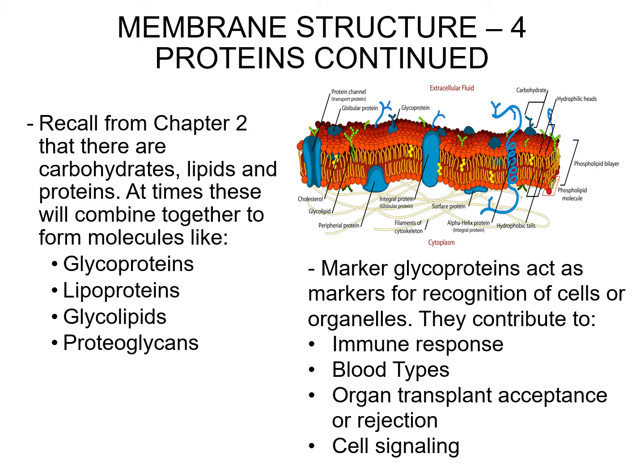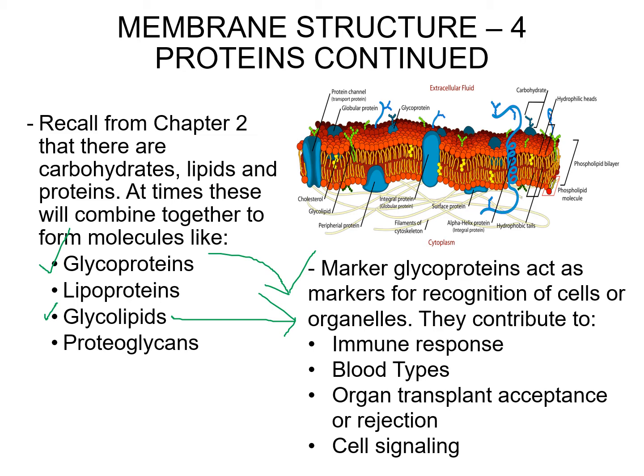So when these different molecules, carbs, fats, proteins, combine, they come up with these really cool names, and they have a lot of neat different things that they're good at. Glycoproteins and glycolipids, I'll talk about in just a second. You can see a lot of their functions over here. A glycoprotein is simply a sugar attached to a protein, and obviously a glycolipid would be a sugar attached to a lipid.